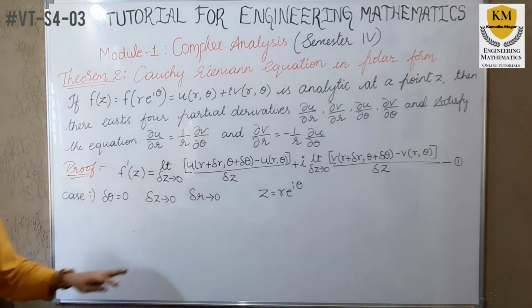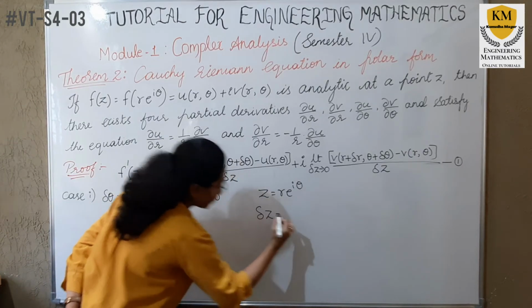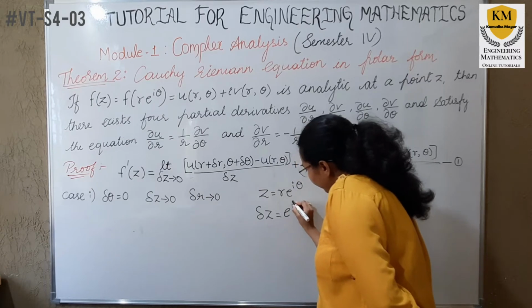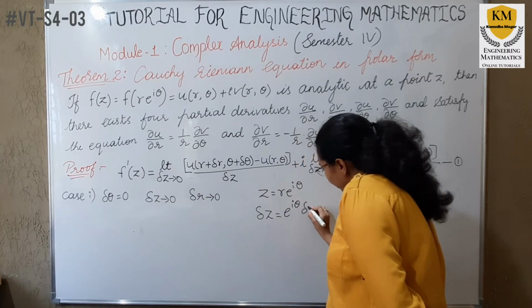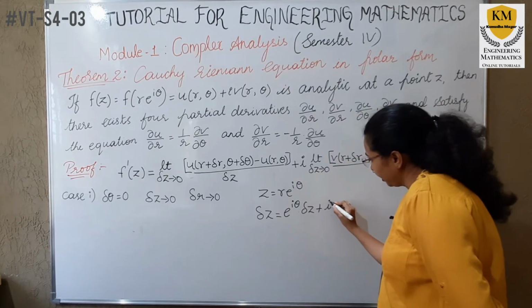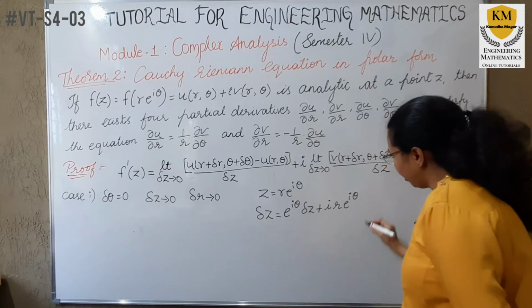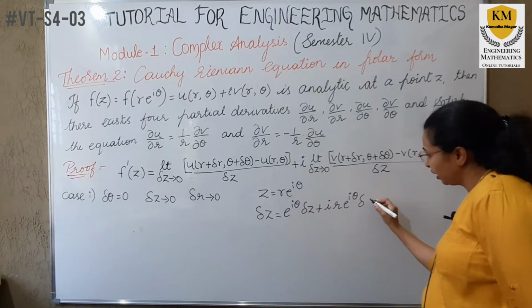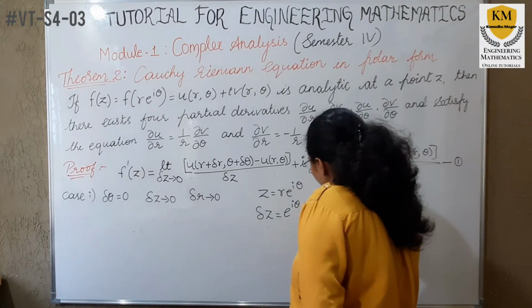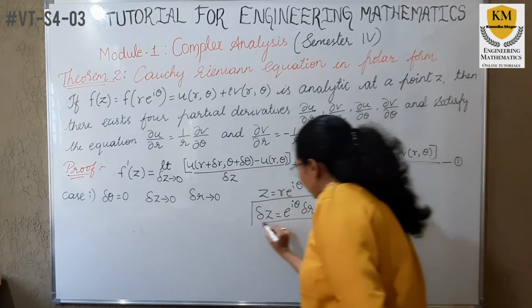When we simplify this, we get del z as e to the power i theta into del r plus i into r into e to the power i theta into del theta.